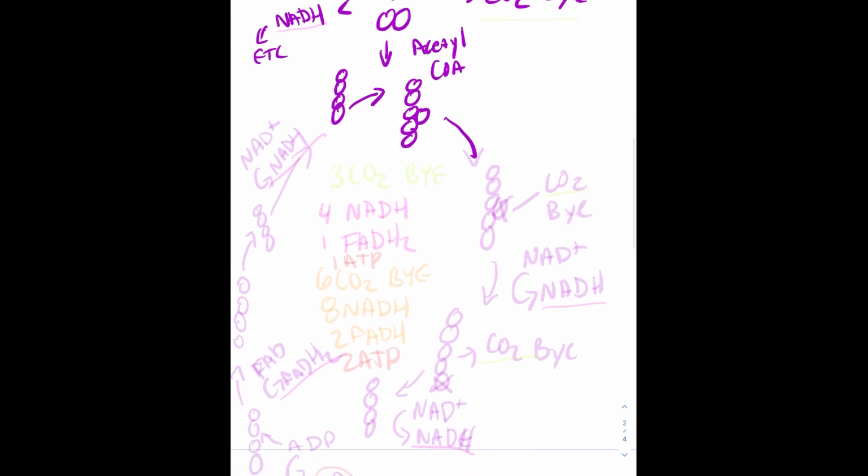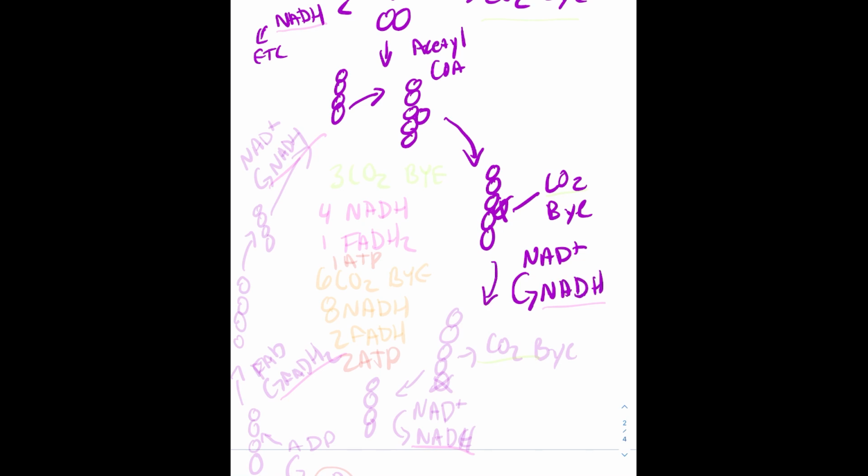So in the citric acid cycle, we're going to have one of the carbons once again disappear. CO2 bi. And now we have 5 carbons, and every single time that carbon dioxide leaves, NAD plus comes around. It's going to pick up hydrogens.